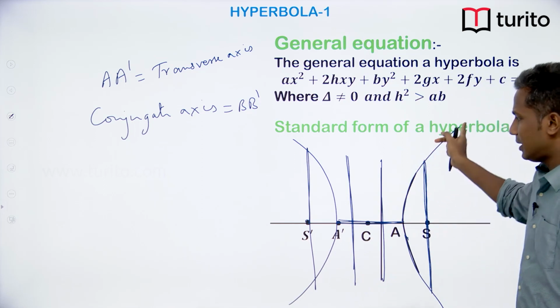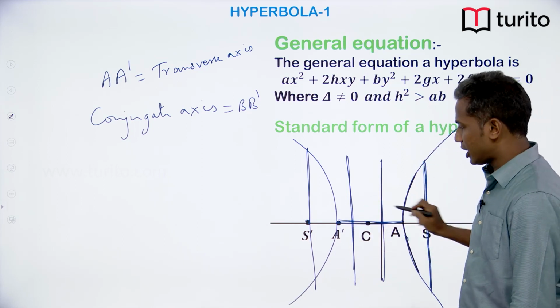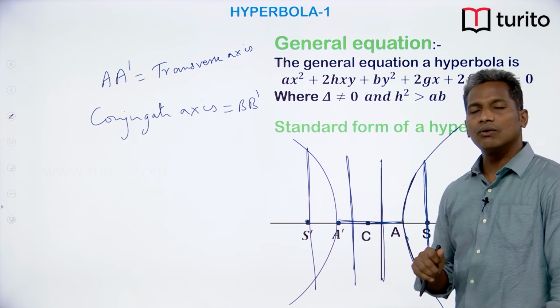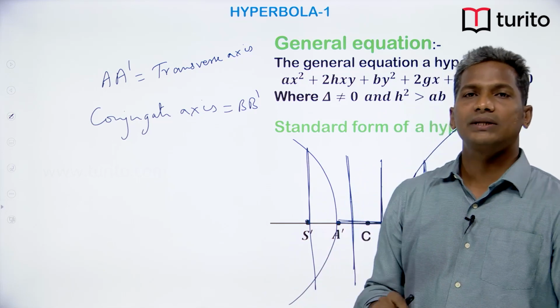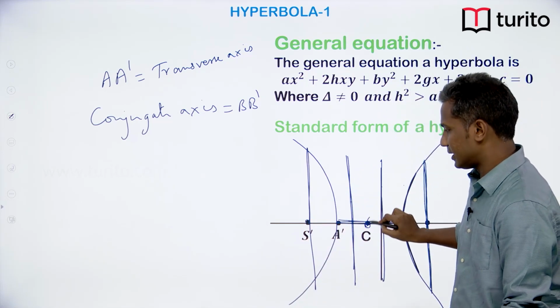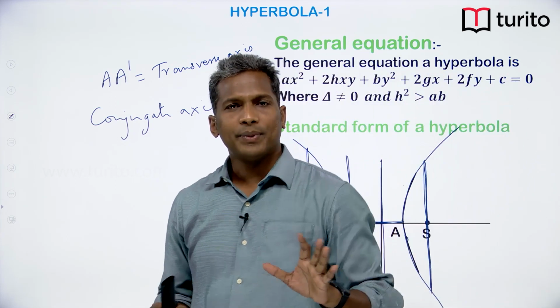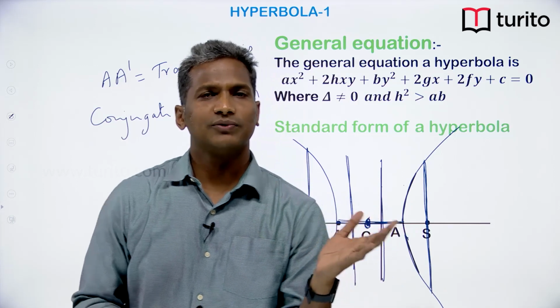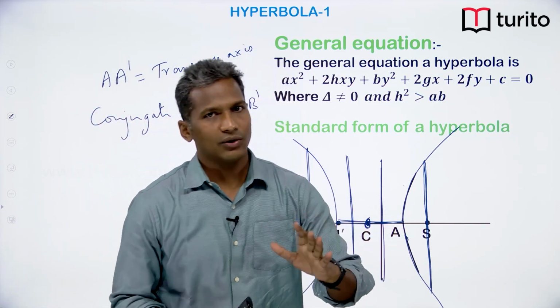Now, we know that it has two branches and there are two vertices, two foci, two directrices. Whatever is the point of symmetry, that point is called the center of the hyperbola. So, this C is the center. Now, we have understood the basic idea. All chords that pass through the focus are called focal chords. If they pass through the center, they are central chords.